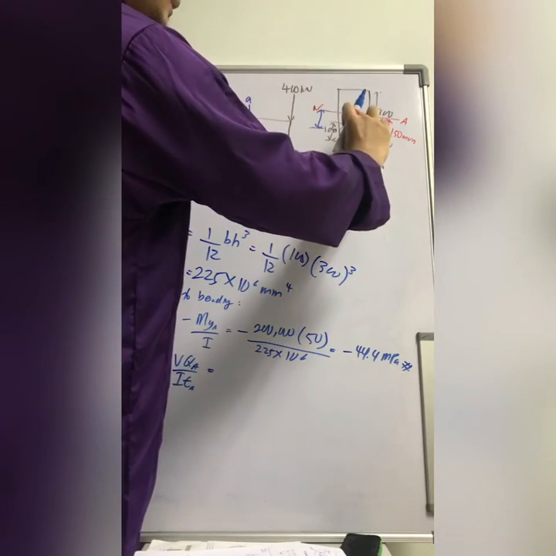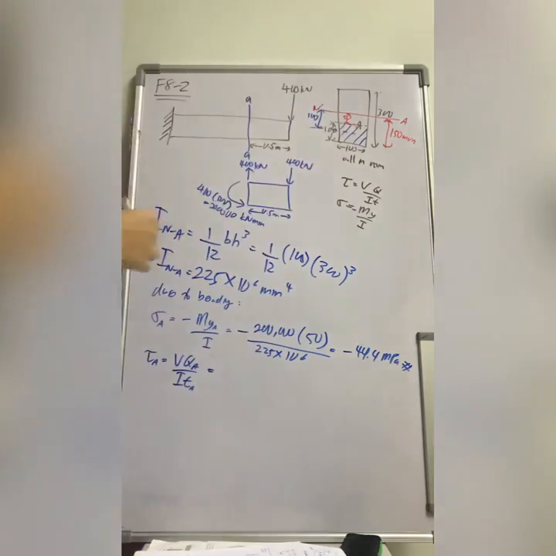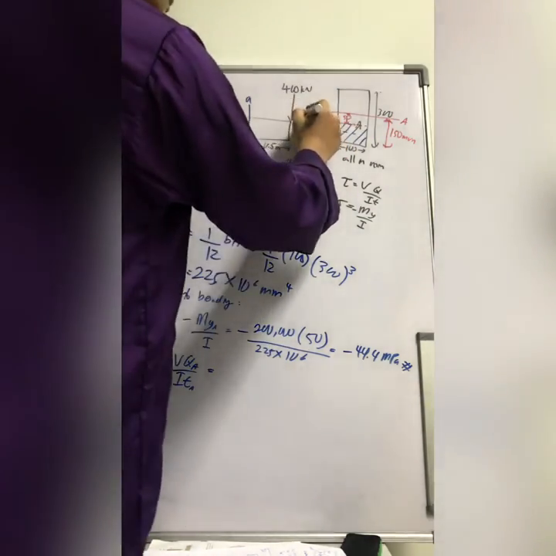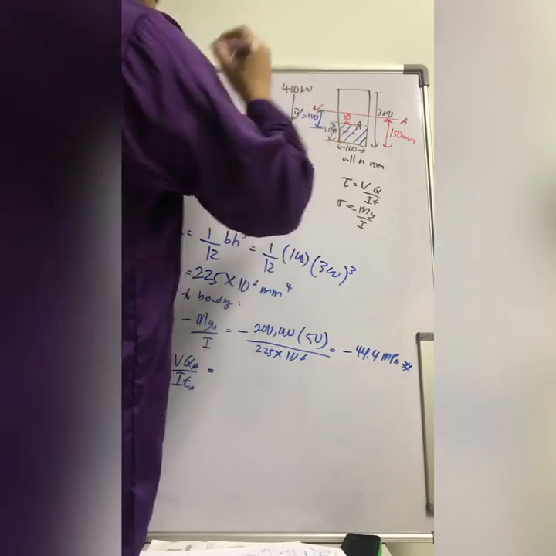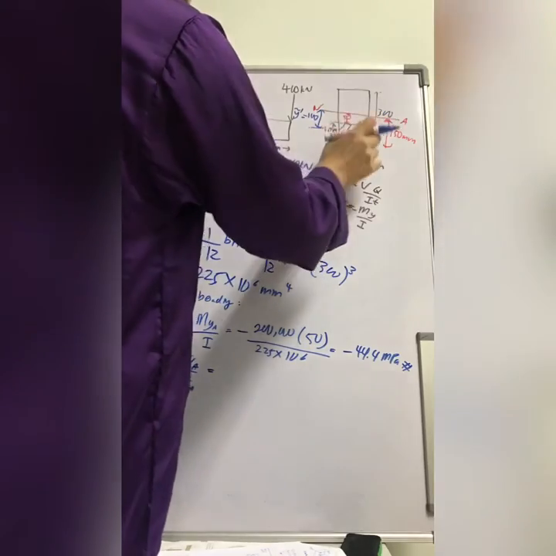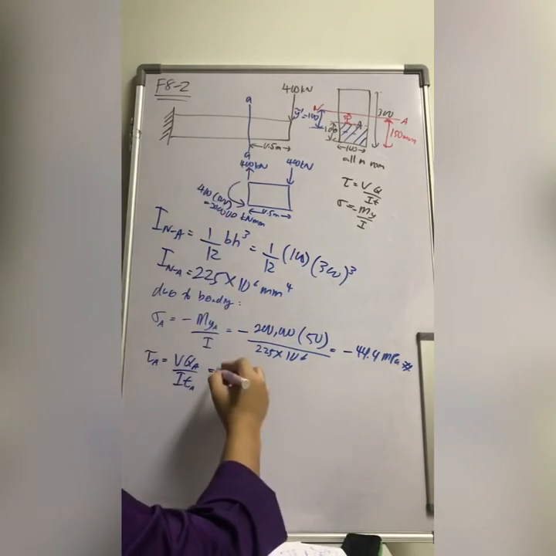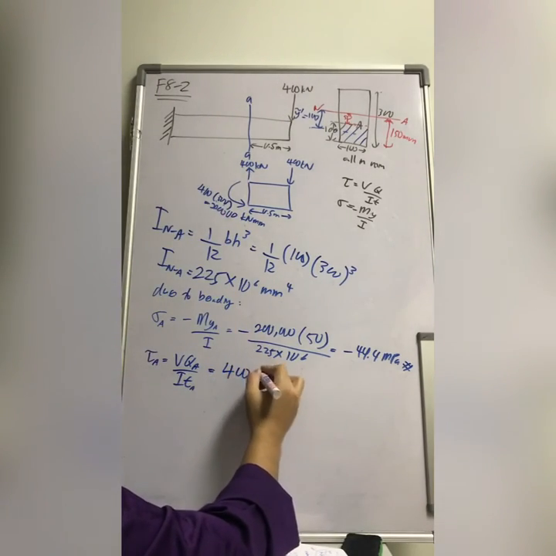Half of 100 is 50, and 50 plus 50 is 100. This is your y prime. And the area, of course, will be 100 times 100. So your V is 400 kilonewton going up.